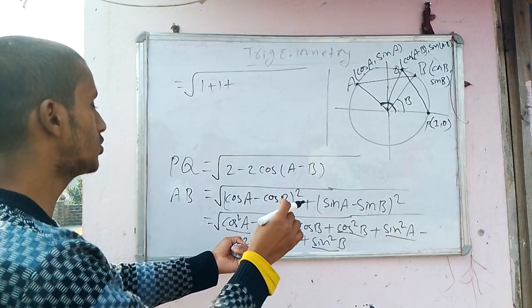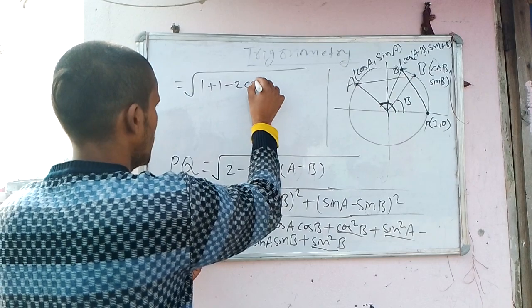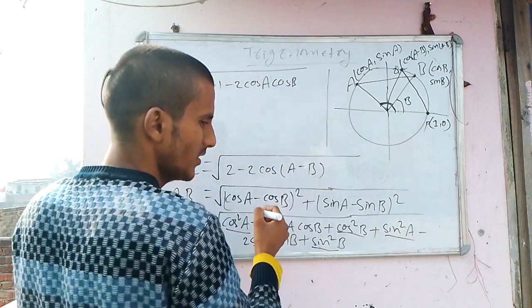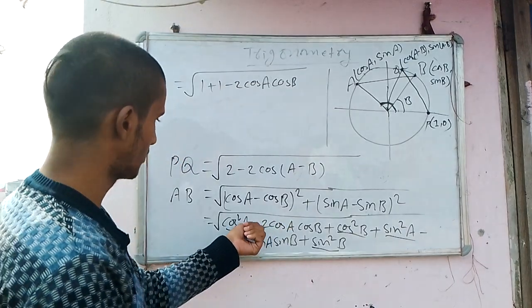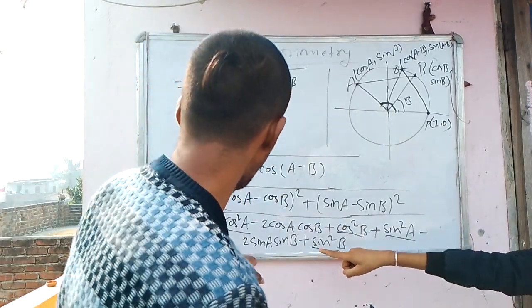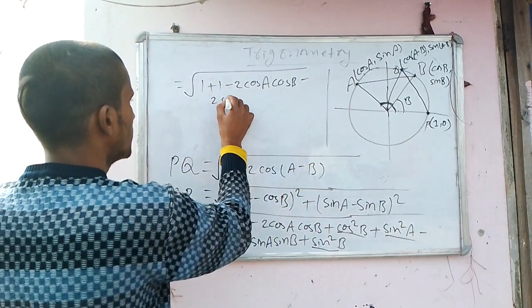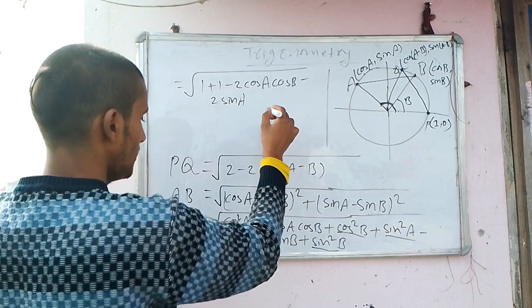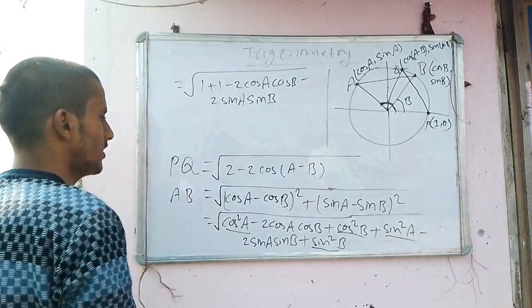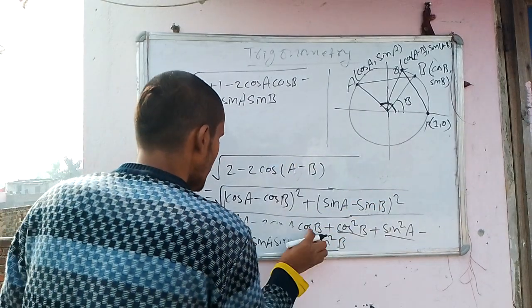It's minus 2 cosine A cosine B, minus 2 sine A sine B. So finally, I'm going to write the final answer here.